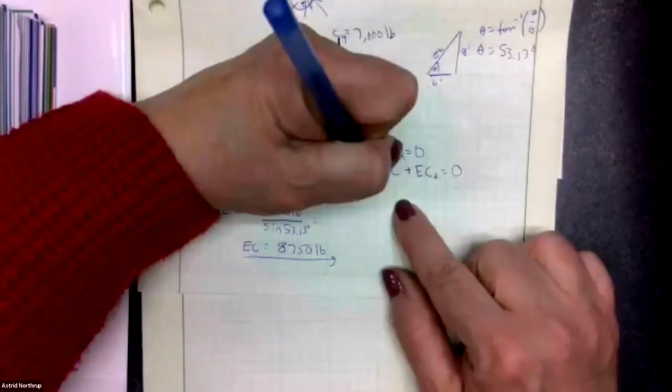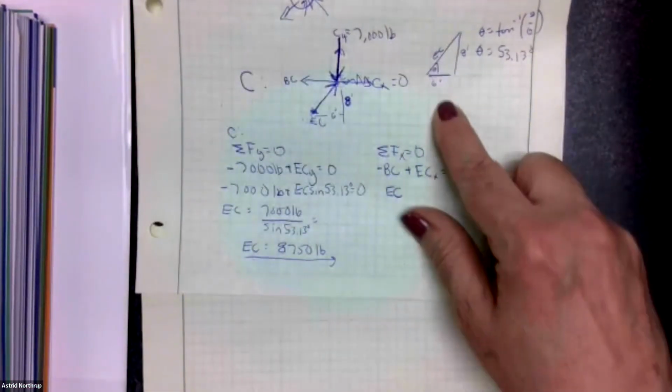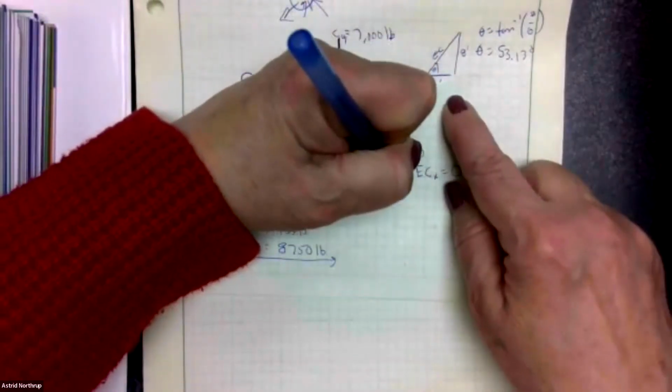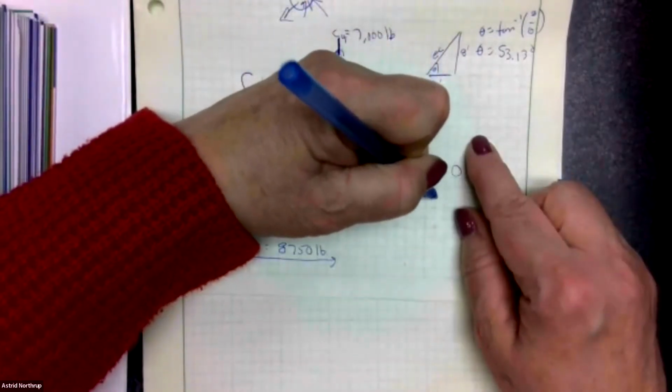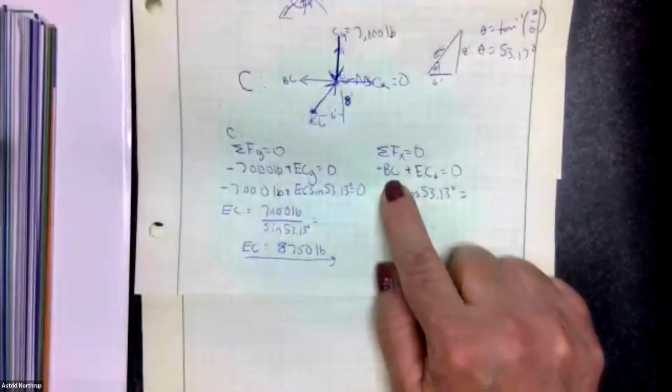But we can say then that E sub C in the X direction, which going back to my triangle, is going to be E sub C times, this time, the cosine of 53.13 degrees, minus B sub C equals 0.